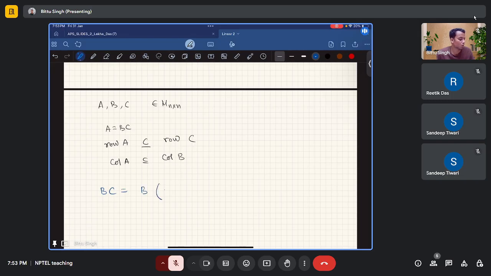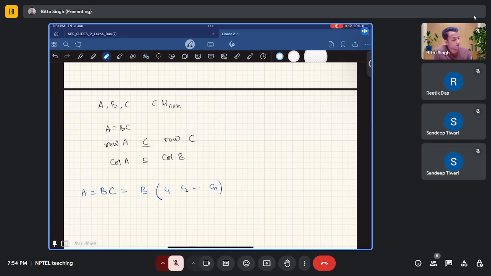If you write C as its column vectors C1, C2, up to Cn, then from here you can see it is the same as B times C1, and so on.